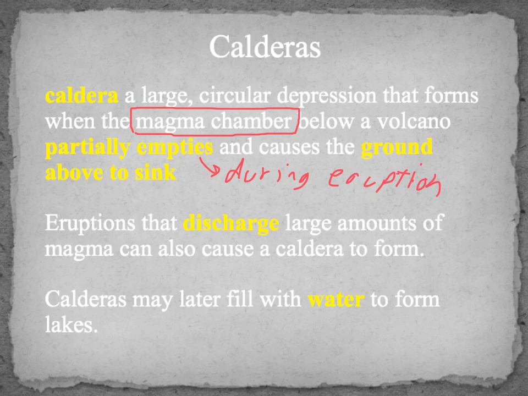And so if you have a really big eruption with lots of magma, we can get a big caldera to form, and sometimes calderas fill with water to form lakes. It's just this big depression in the earth, in the crust, and then it fills up with water, and we end up with a lake.